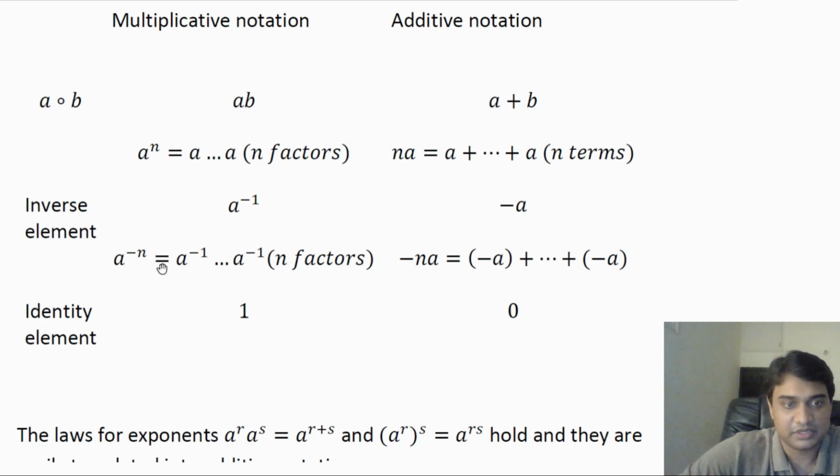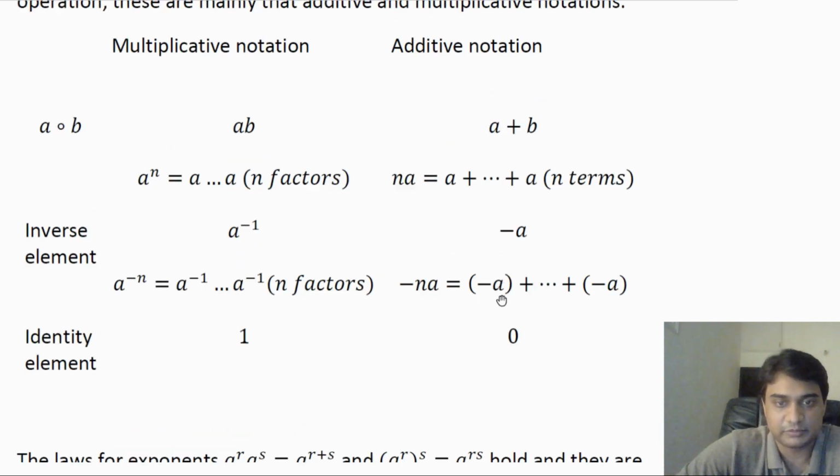So A to the minus n is A inverse times A inverse, up to n times. The same thing in additive notation is minus n A, which means the additive inverse of A added to itself n times.